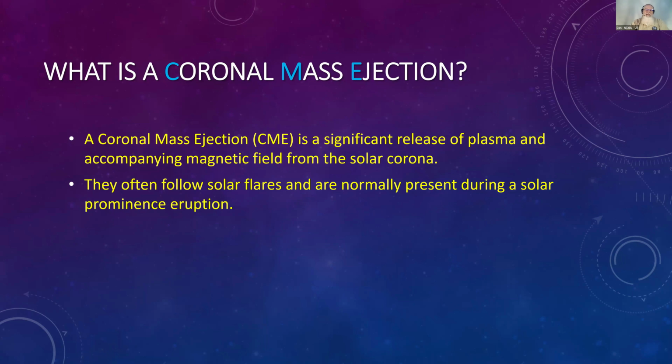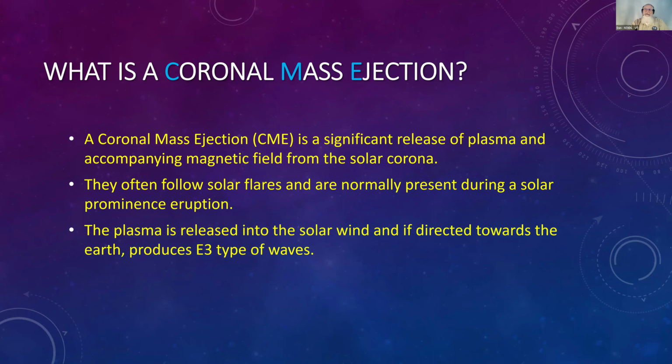I absolutely love seeing them, but holy moly, if they're pointed at the Earth, we'll have some problems. So the plasma is released into the solar wind, and if directed towards the Earth, it will produce an E3 type of wave. So similar to an EMP, with the exception of it will only produce an E3. And we're going to talk about each one of those waves, including the E3.